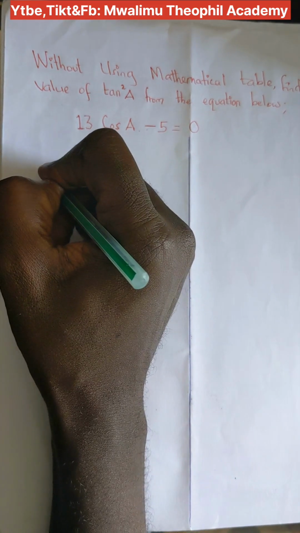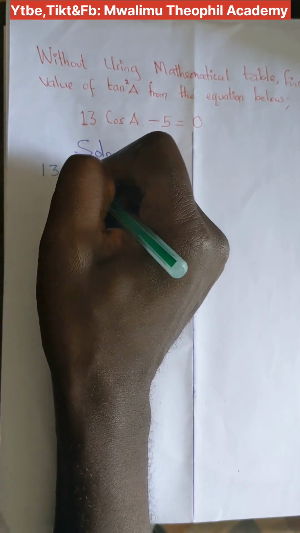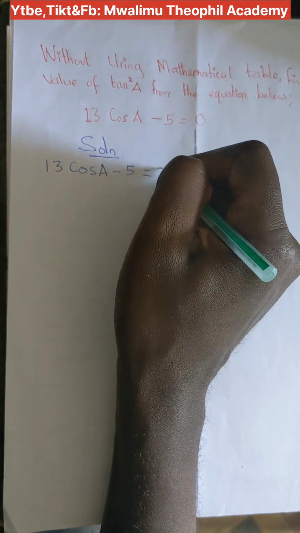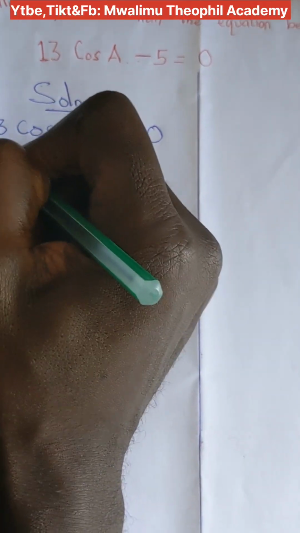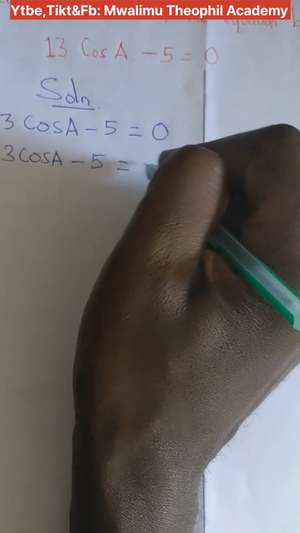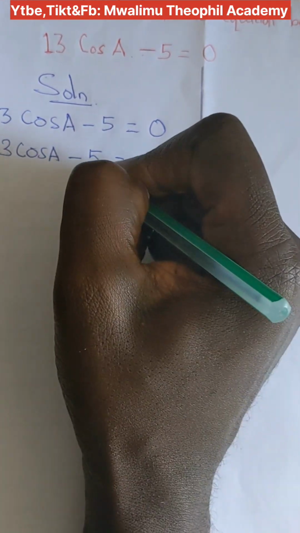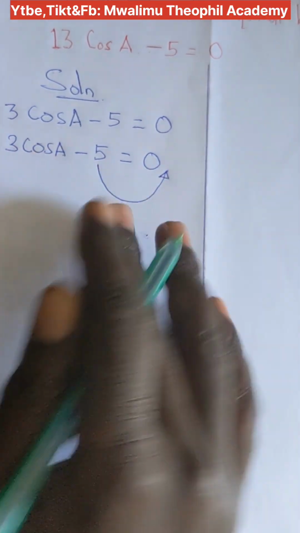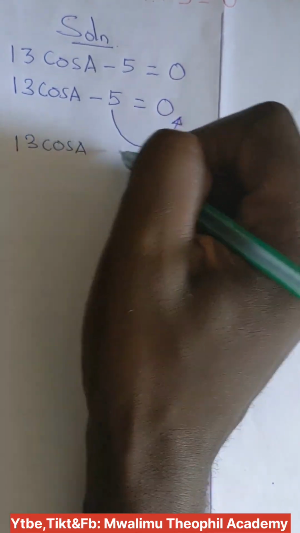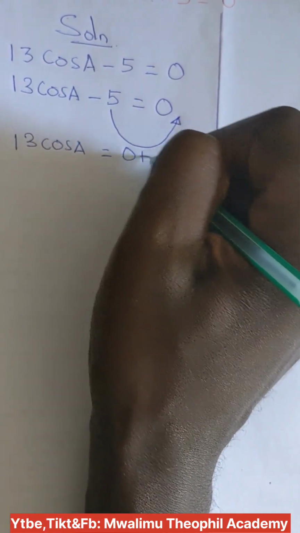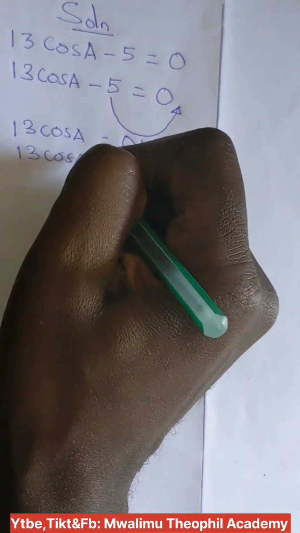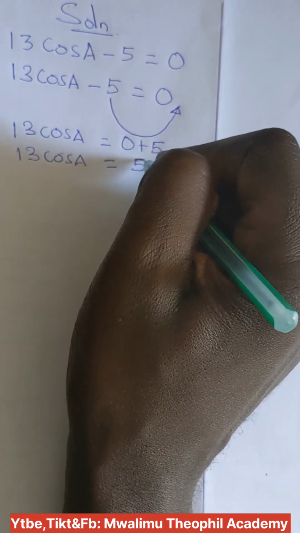We are given 13 cos A minus 5 is equal to 0. Let's take this 5 to this side. Now we're going to have 13 cos A is equal to 0 plus 5, so 13 cos A is equal to 5.